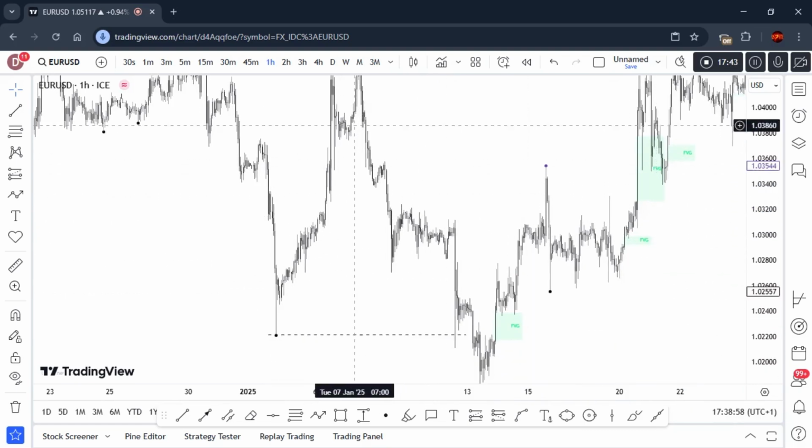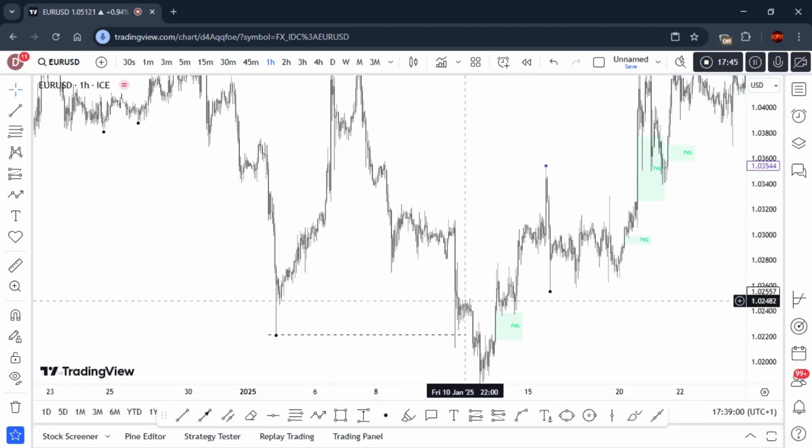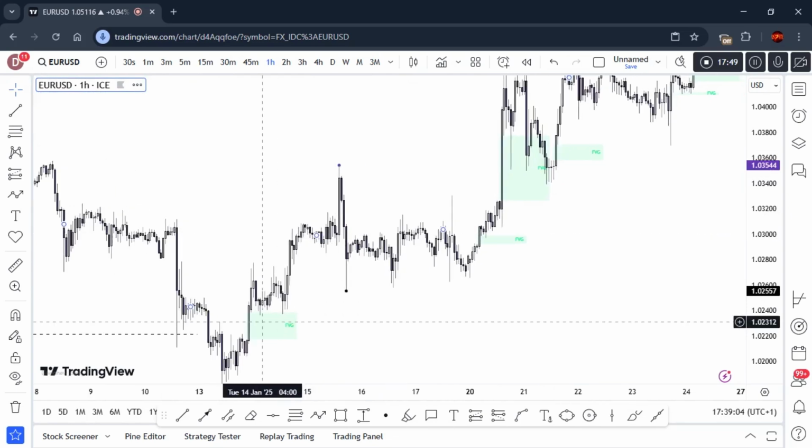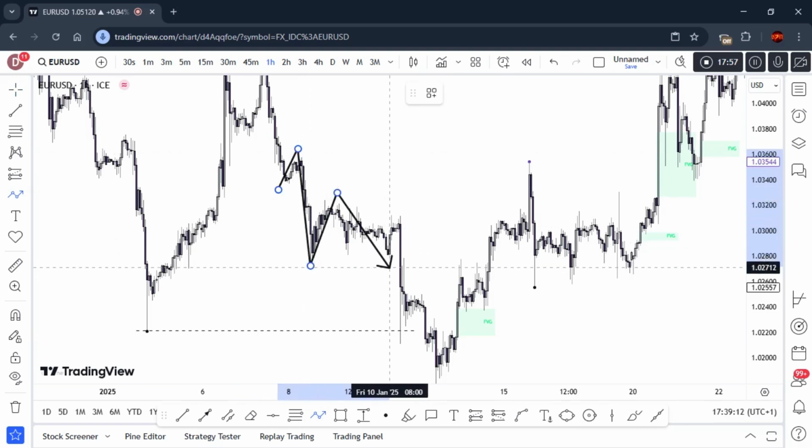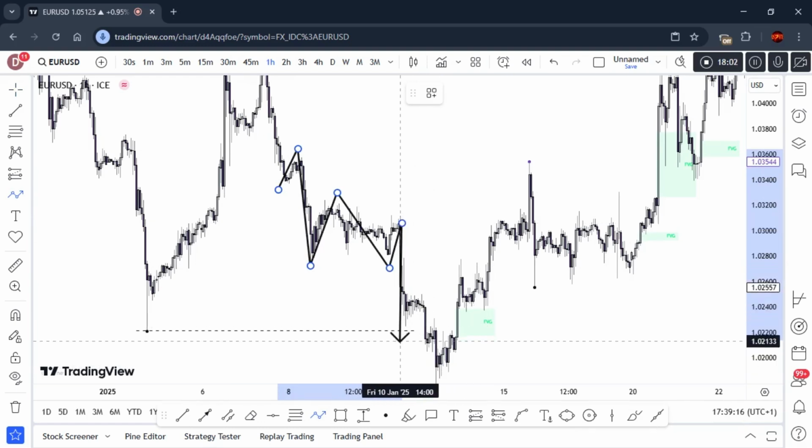We had internal pullbacks here, we had this pullback, this pullback, and this pullback, right?